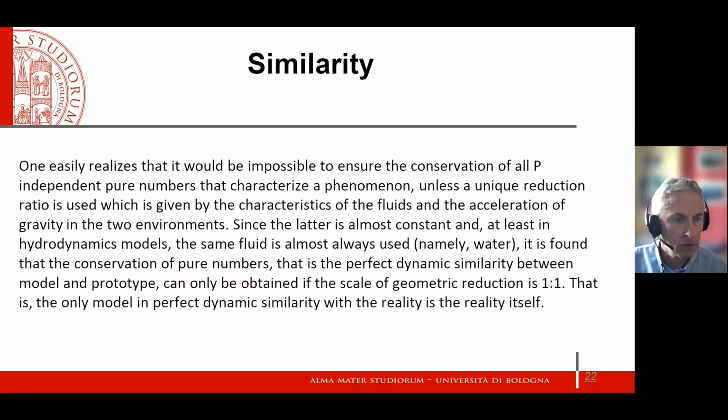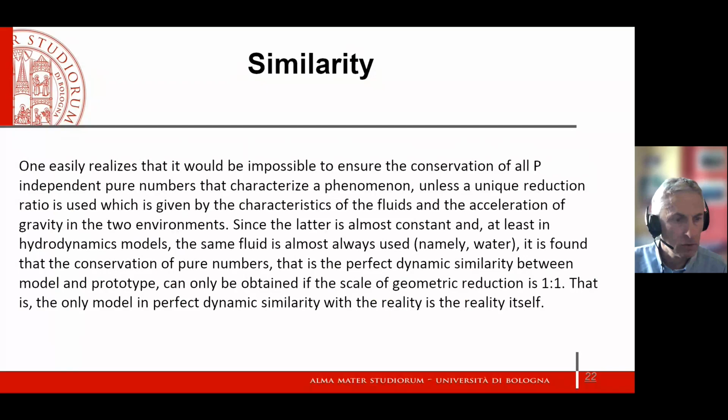The conclusion is that it is impossible to ensure the conservation of all the independent pure numbers that characterize the phenomenon unless a unique reduction ratio is used, which is given by the characteristics of the fluid and the acceleration of gravity in the two environments.